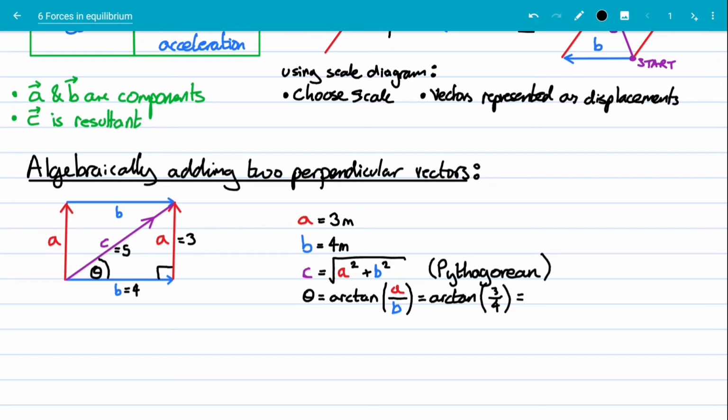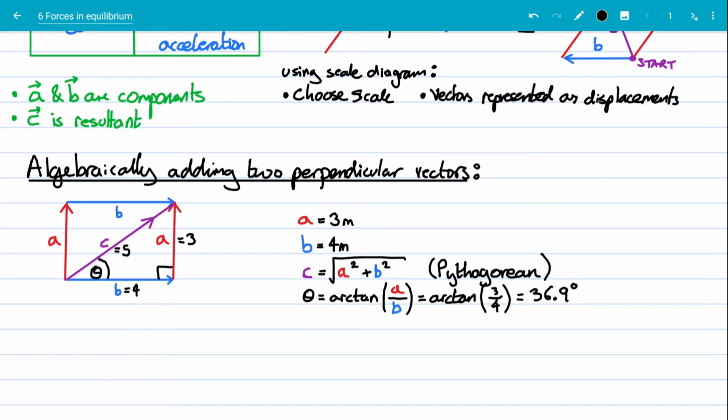You get 36.9 degrees thereabouts. The calculator says 36.869897645. The first 4 digits are 36.86, but obviously if we're going to round this to 3 significant figures, that third digit, the 8, will round up to a 9. Be careful with rounding.